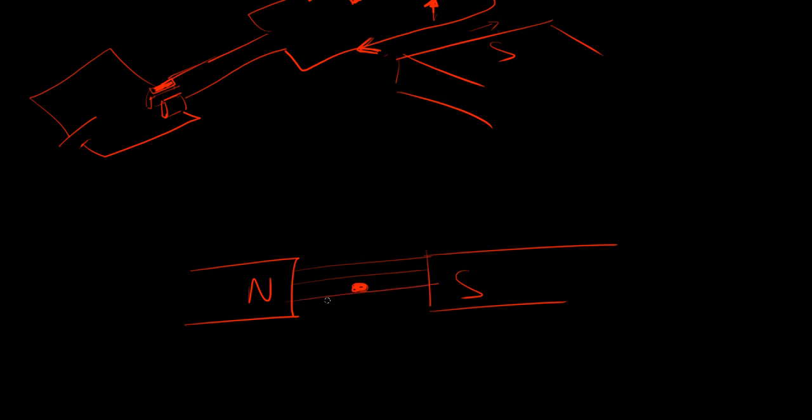In this case, the wire is moving perpendicular to the field, right? So it will experience a force. Technically, this is not true. It's actually just the component that's perpendicular. So you could have a wire, for example, acting in this direction, and it would still experience a force, but the force would be lowered because there'd be less of it acting perpendicular.